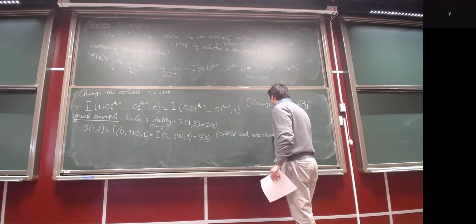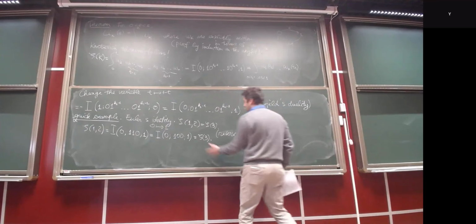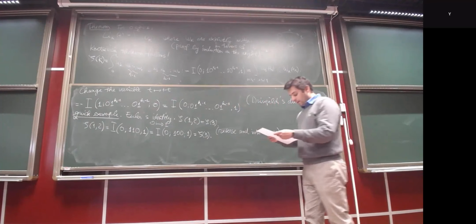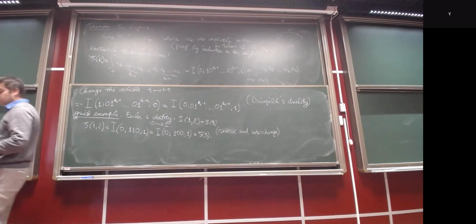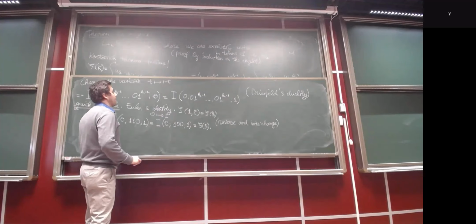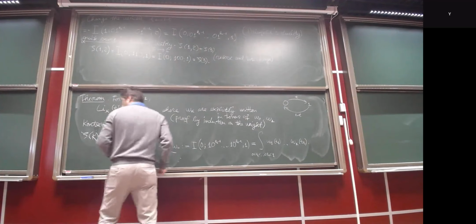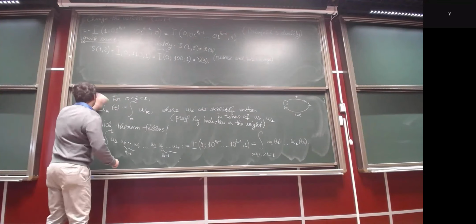In fact, I use this abstract notation because when I discuss the Hoffman algebra, we need some kind of notation like this. But now let me write it explicitly. I will write the Drinfeld duality explicitly in terms of multiple zeta values.